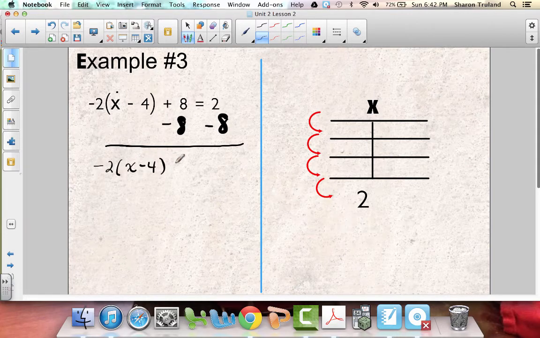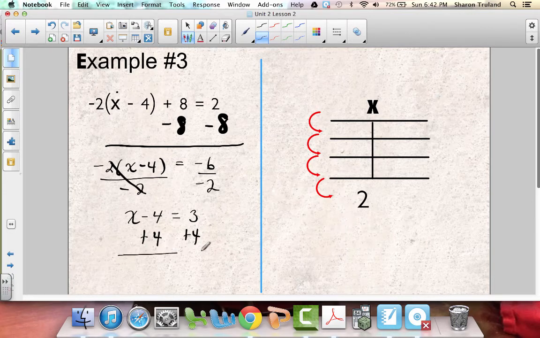We just moved that 8 to the other side. So 2 minus 8 is -6. Now we're going to divide by -2. X minus 4 equals 3. And then we're going to add 4. So I'm saying the answer is 7.